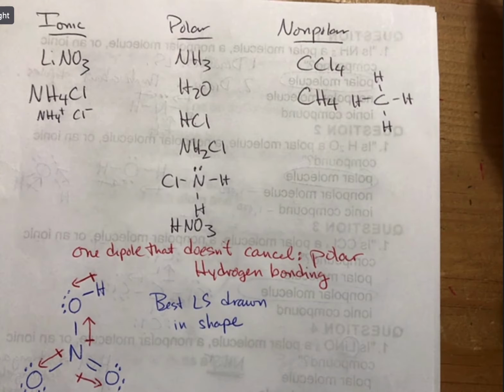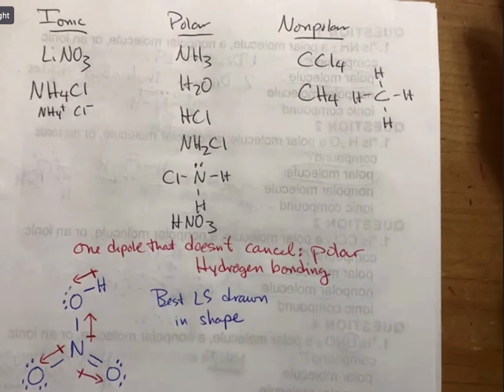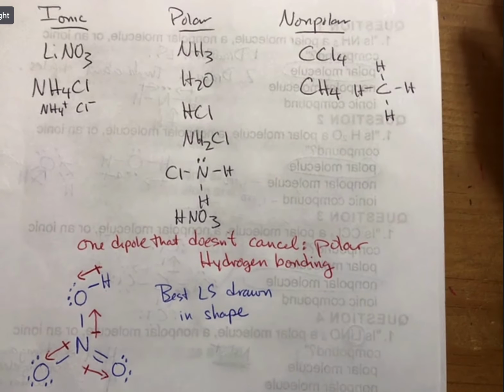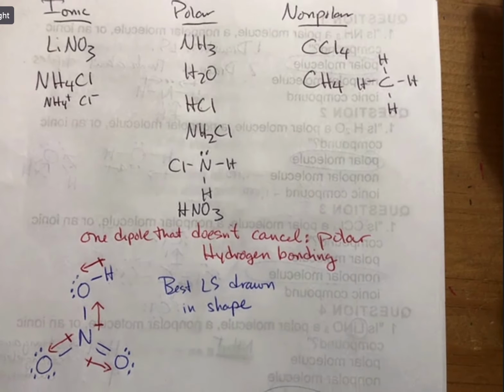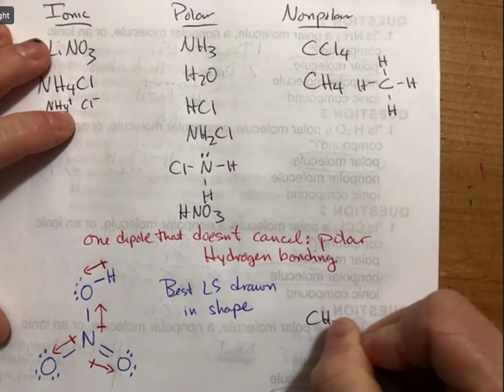Hi, Professor. Would two dipoles that are hydrogen cancel out with two other dipoles that are facing in the opposite direction? They would not. Yeah, I don't know if you're talking about maybe CH2Cl2, but yes, anything with an H2 and then two other atoms.